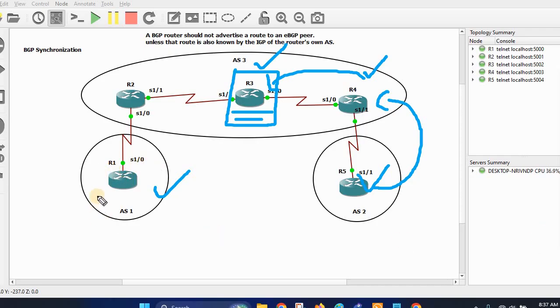Here also the same thing. When R1 sends a packet to the next hop, this is the next hop. I will show here.